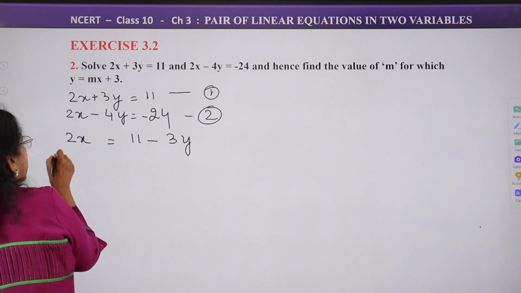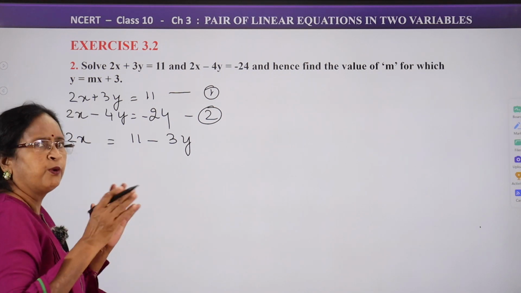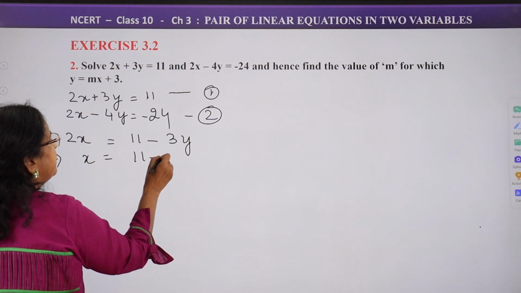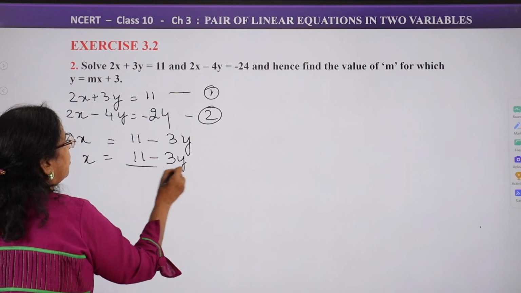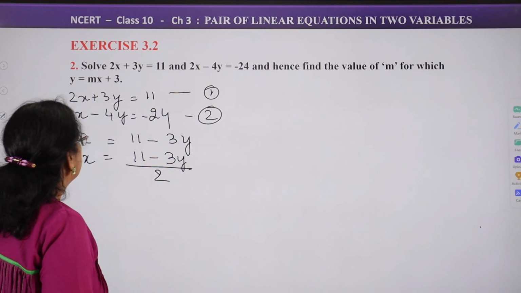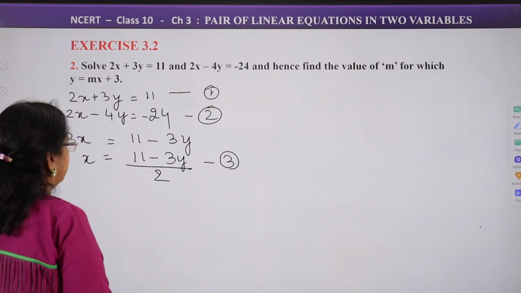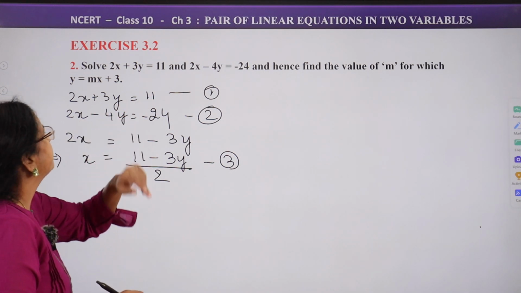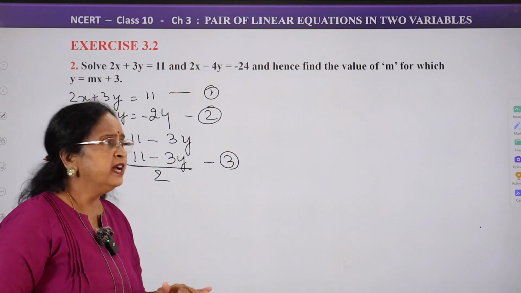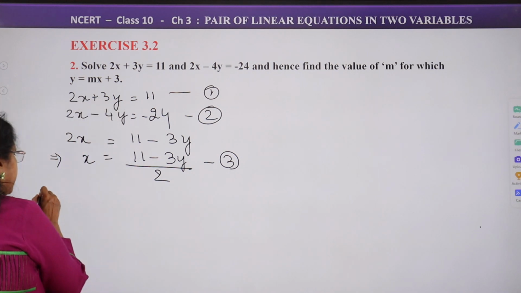Alright. Now that implies I cannot leave the numeral 2. I need to shift because I want only x. X is equal to 11 minus 3y whole by 2. Alright. Now this I write as equation 3. Now since we have taken from 1 the value of x, the equation for x in terms of y, we will substitute this in equation 2. So let me write that.